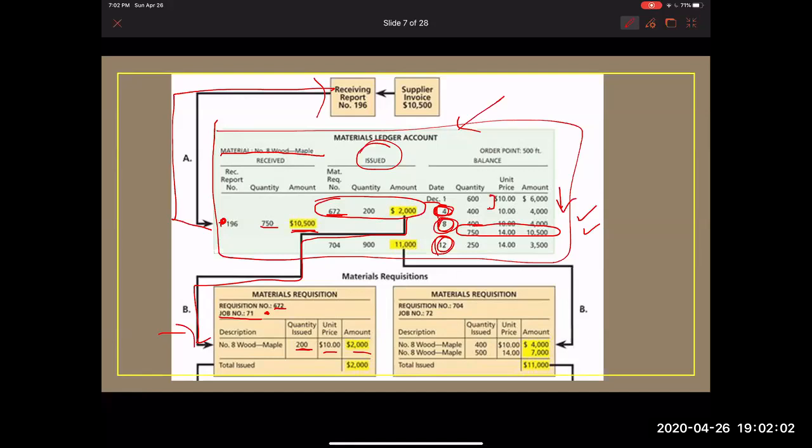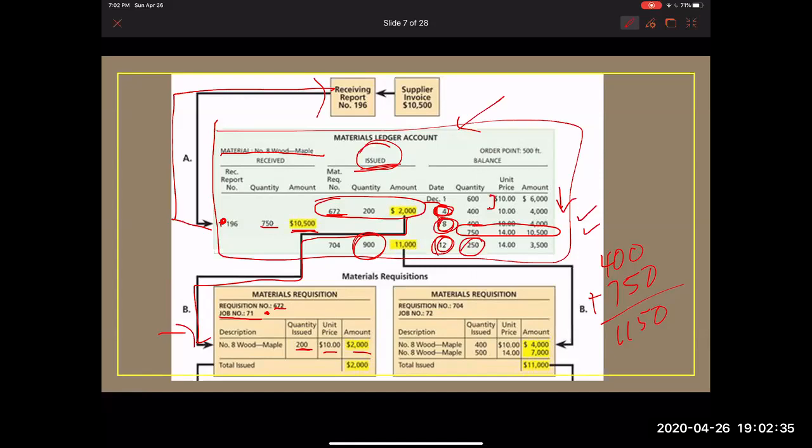All we have left is a total of 250, right? So what I can see here is a large quantity, to be exact, 900 of the, I don't know what, 1,150, if I do 400 plus 750, that's 1150, right? So 900 of the 1150 is now being applied or issued to another job.